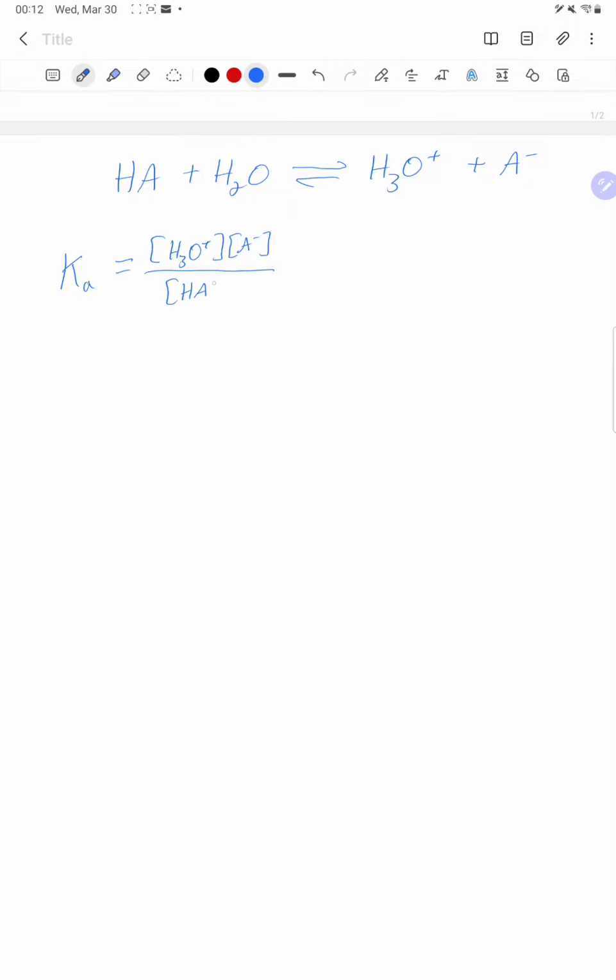If you have done anything with equilibrium constants so far, you'll be familiar with this. The reason why water is not included is because you don't include liquids or solids in these equations. You focus on things that are either under pressure, like gases, or have specific concentrations, like aqueous solutions. So maybe you look at the concentration of your acid or its conjugate base. But you don't care about water, you don't care about solids.